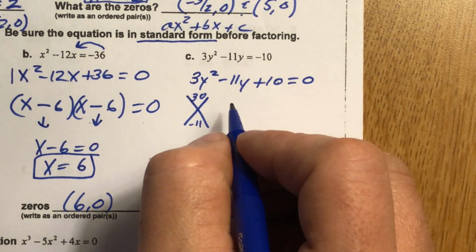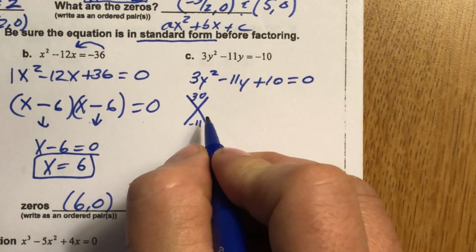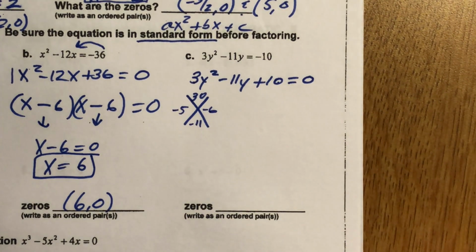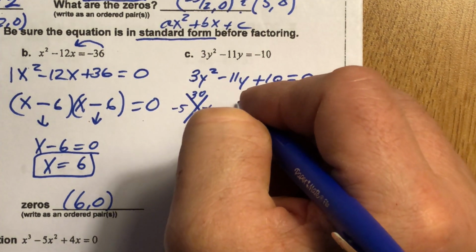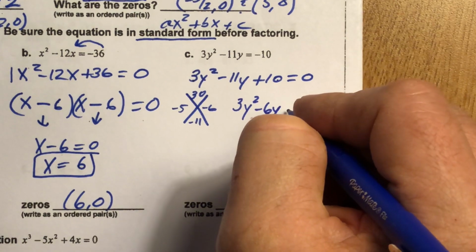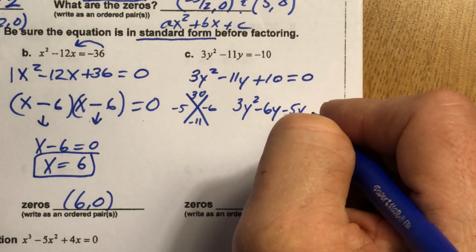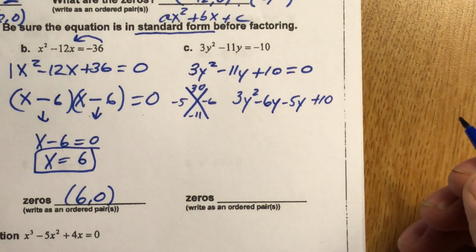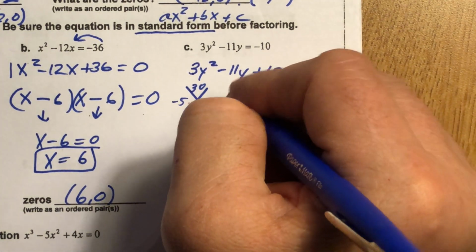Okay, two numbers that multiply to 30 and add to negative 11: let's go negative 5 and negative 6. That works. I'm going to group with this one. So 3y squared minus 6y minus 5y and then plus 10. Okay, group.